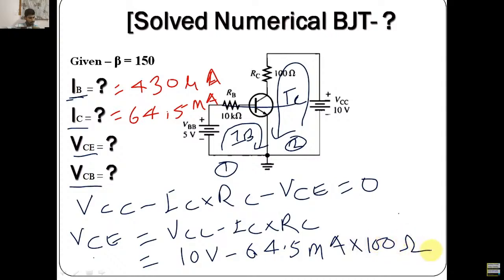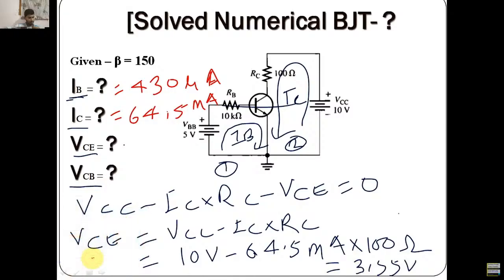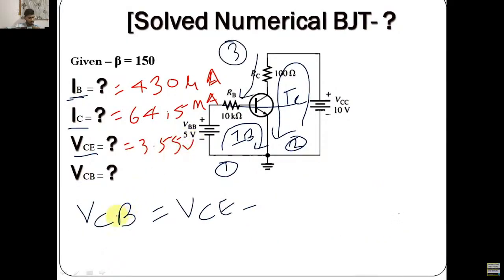So you can easily find the value of VC, which is 3.55 volt. So you may write here the value of VC equals 3.55 volt.